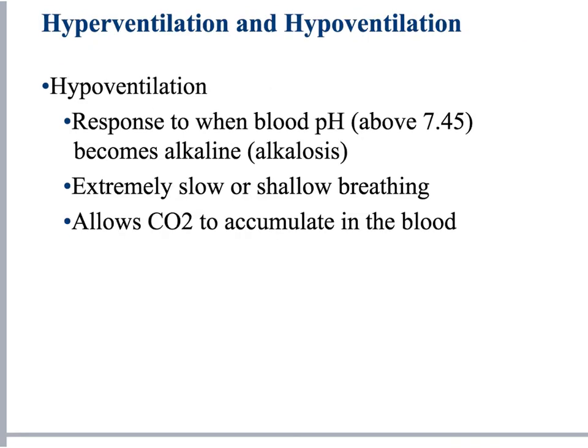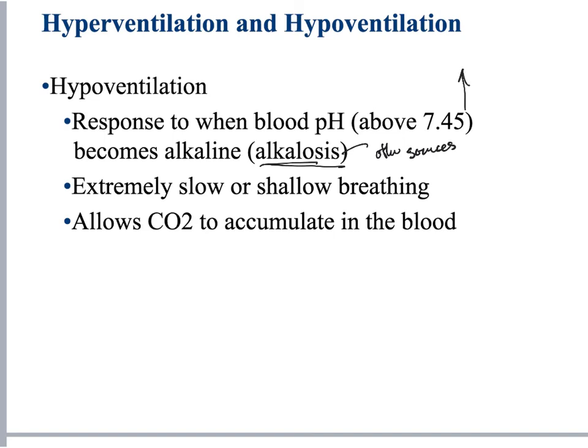Hypoventilation is also a response to alkalosis. There are other sources of alkalosis, typically related to urinary problems. So this is a response when the pH of the blood goes up.